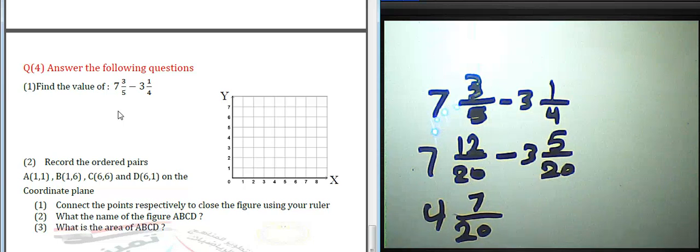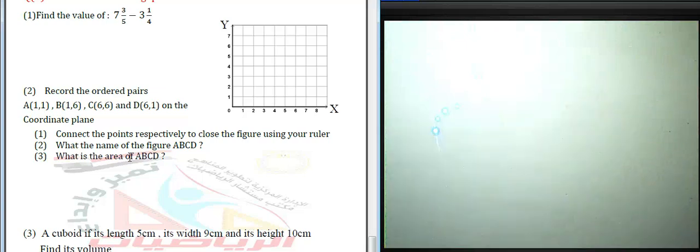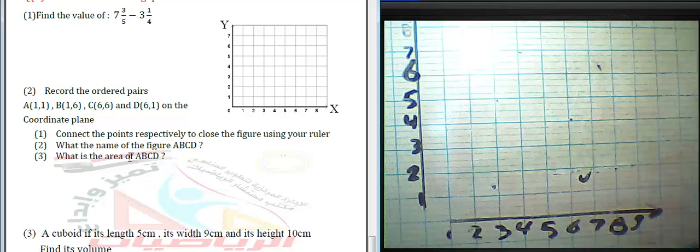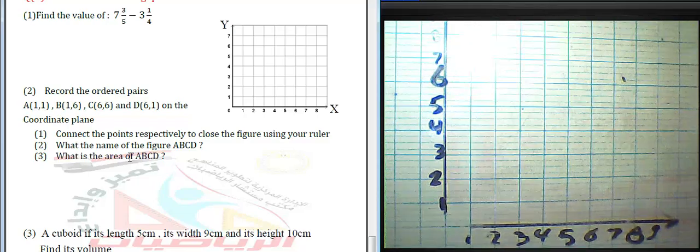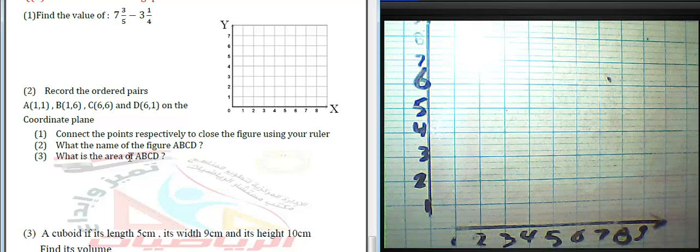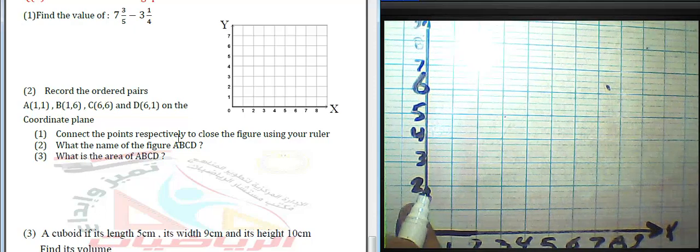Question number 2. Record ordered pairs in the coordinate plane. Look here. We have a coordinate plane with x-axis and y-axis. We can represent the solution here, my students. Please draw it in your notebook to solve it with me. First, we have x and y, the x-axis and y-axis.